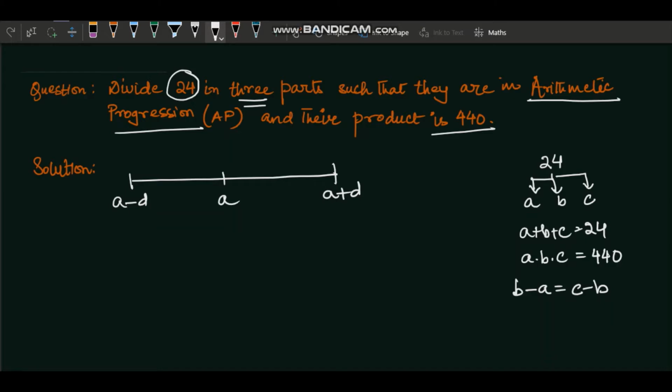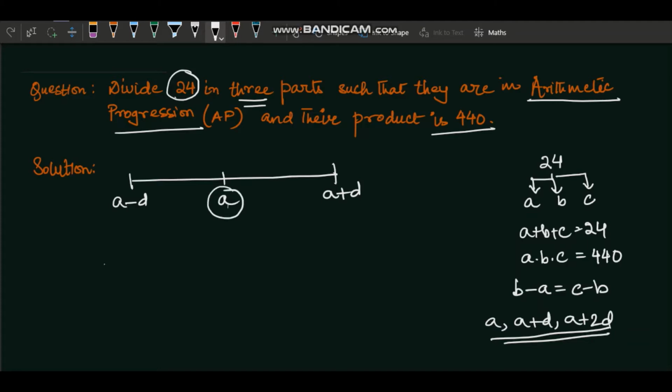We could have easily chosen the numbers as A plus D, A plus 2D, but this increases the calculation. So it is always advisable that when the given number is to be divided into an odd number of parts, always choose the middle number to be A.